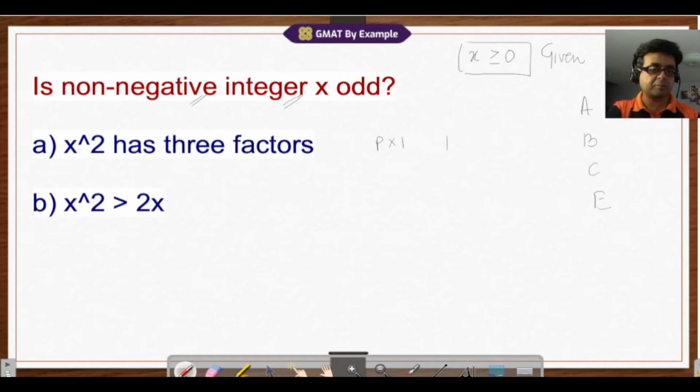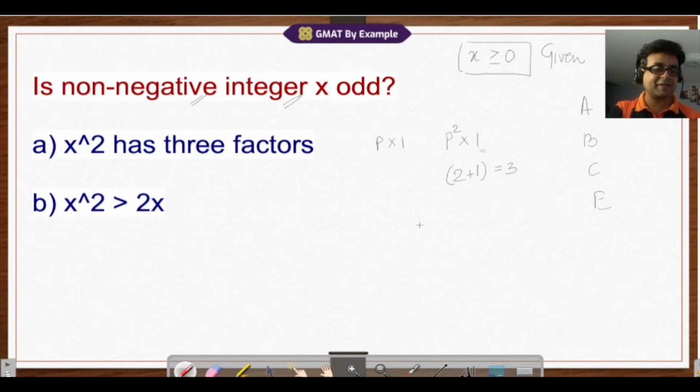The square of the prime number would look like this. Again, 1 square is just 1. And the way you calculate the number of factors for any number is you prime factorize it. This is already prime factorized. And you add 1 to the powers of the prime numbers. 1 is not prime. So the total number of factors for a square of a prime number comes out to be 3.